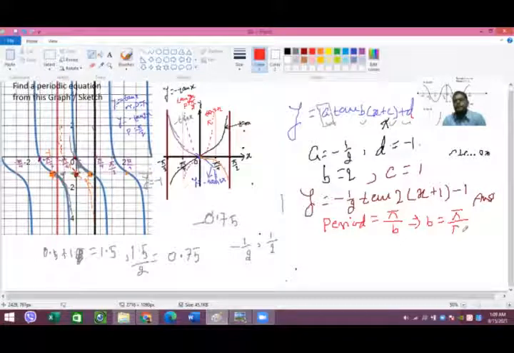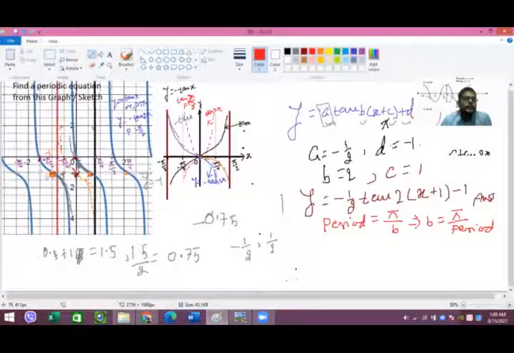And this period, again, you can read off from the graph. So for example, if these points are given in terms of pi/4, pi/2, etc., then it's fine. We have got b equals to 2. If these are not given in terms of pi/2, pi/4, or pi, then you have to take this value 0, 1, 2, 3, 4, 5, 6. Similarly, towards the negative direction along the x-axis as well, we take 1, 2, 3.